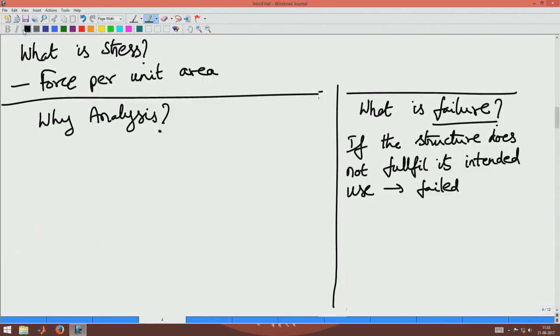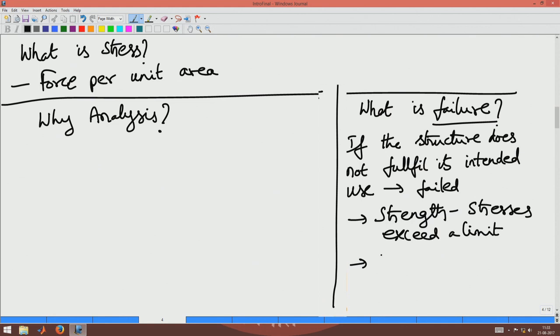There can be failure because the strength or the stresses exceed a limit, or it can be displacement causing failure when displacement exceeds a limit.